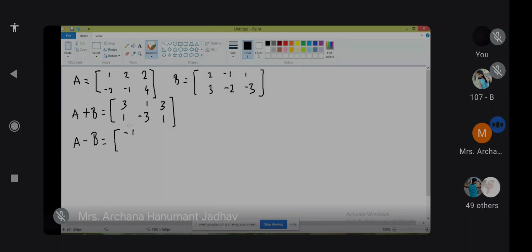Okay, next one 2 minus sign, correct? हे minus sign. 2 minus minus 1, it becomes plus. 2 plus 1 is 3.